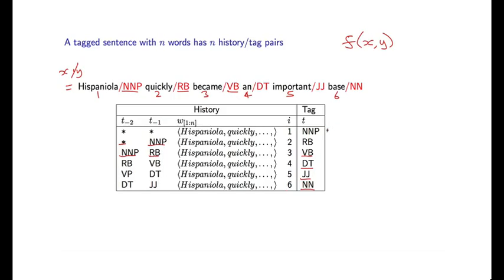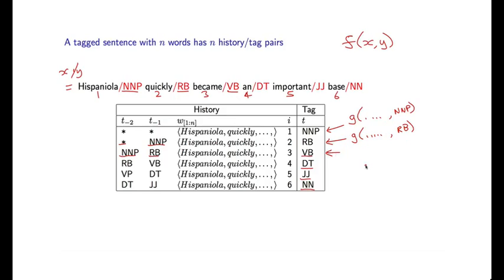Now, each of these decisions, each of these positions, is going to have a local feature vector, g. I'm going to have a feature vector for this first decision, which consists of the history in conjunction with the tag NNP, where the history is this particular history here. The second feature vector has g of the second history in conjunction with RB, and so on.